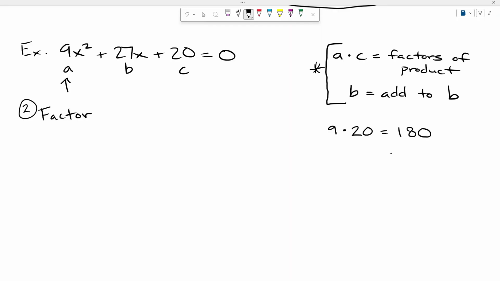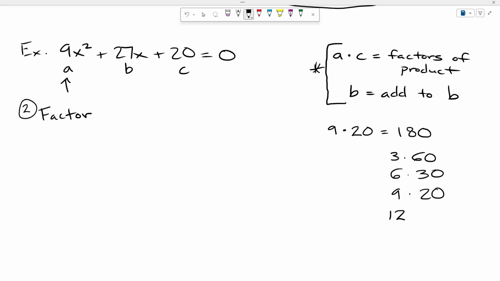I mean, if we did 3 times 60, that's not going to get us anywhere close. Just like if we had 6 times 30, nowhere close. 9 times 20. I mean, that gets us at least a little closer, but not quite there. Once we add them, that gets us close.